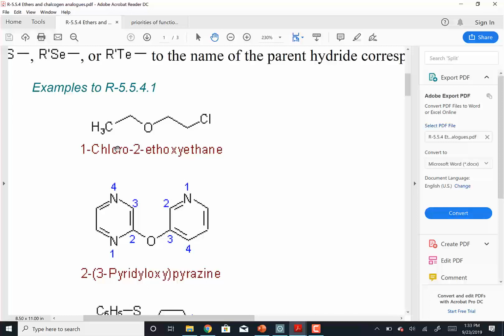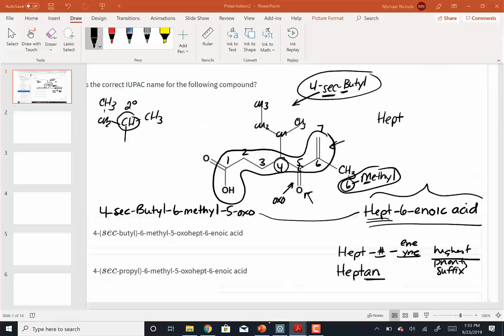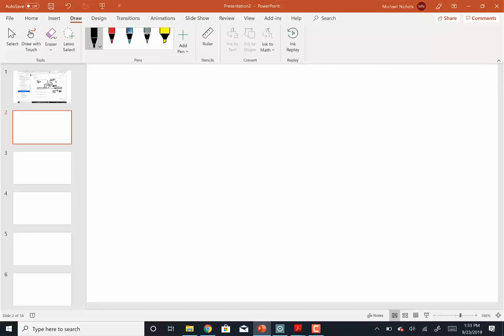That's why this is 1-chloro 2-ethoxy. The example, I had to look in the book, and what happened is that the example they gave in the book where they made that statement looked like this.